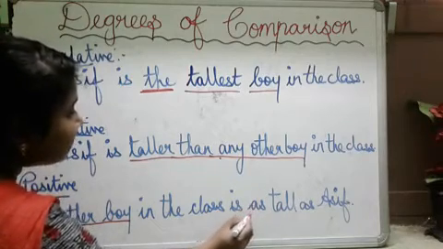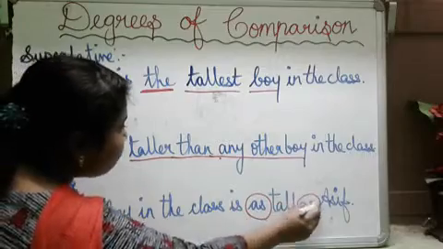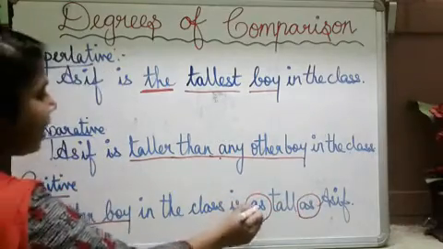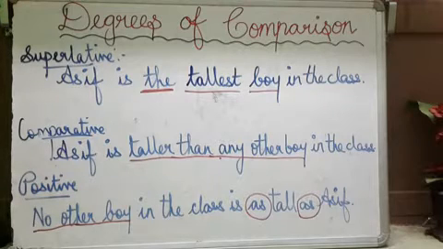Before the adjective you will use 'as', then after the adjective also you will use 'as'. So 'as tall as Asif'. So this is one pattern. There are three patterns in this. We have seen this one pattern now.